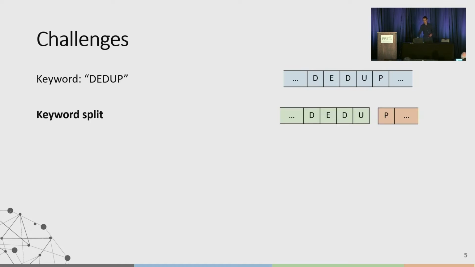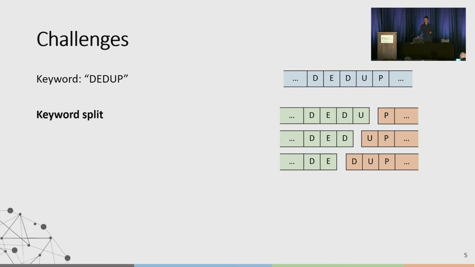It might be split like that between 2 adjacent chunks, or like that. One chunk can have at the end of it a prefix of the keyword, DED, and the next chunk has a suffix of the keyword, like UP. And it may be split in every location.